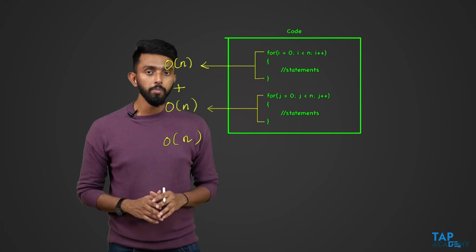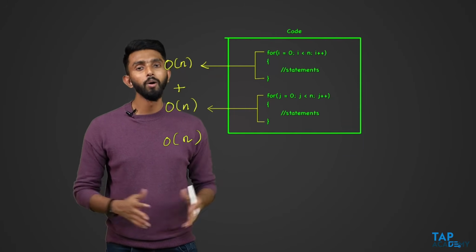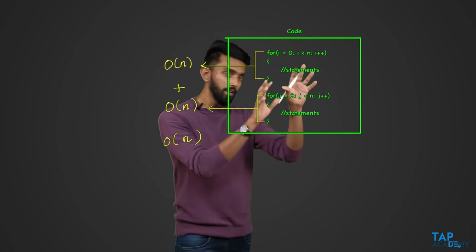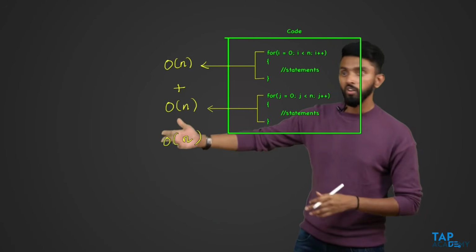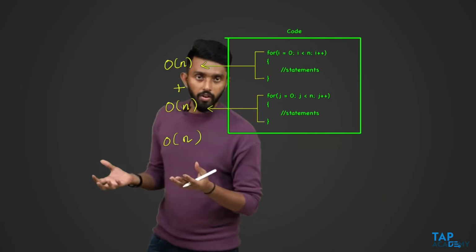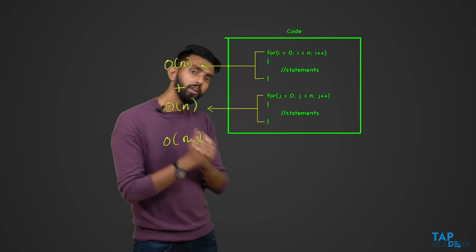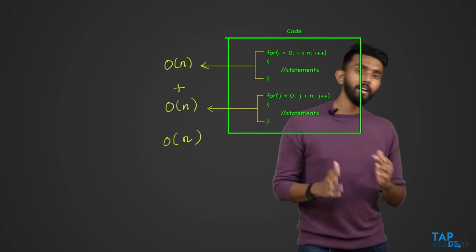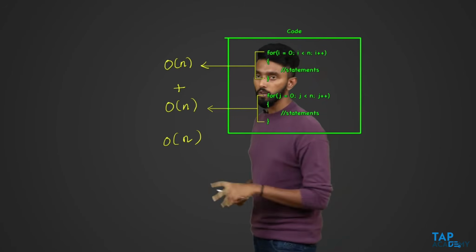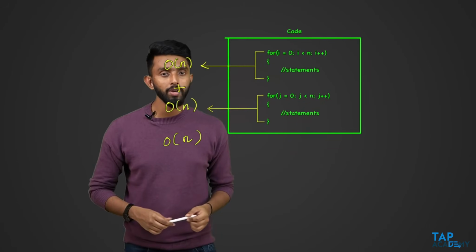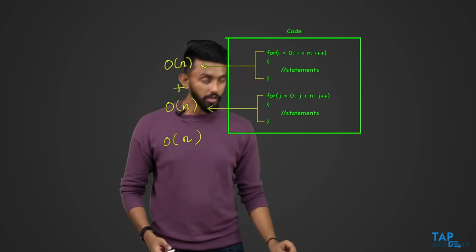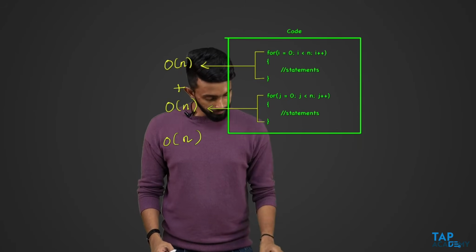Hence, what is the time complexity? Big O of n. I hope you're able to think. Which means it is not like it is going to be 2n or n square or anything. Even here it is n. Worst case, it is going to execute n times. That is the concept here. So it is big O of n. Any confusion till this point of time? Yes, great. What else you may ask?